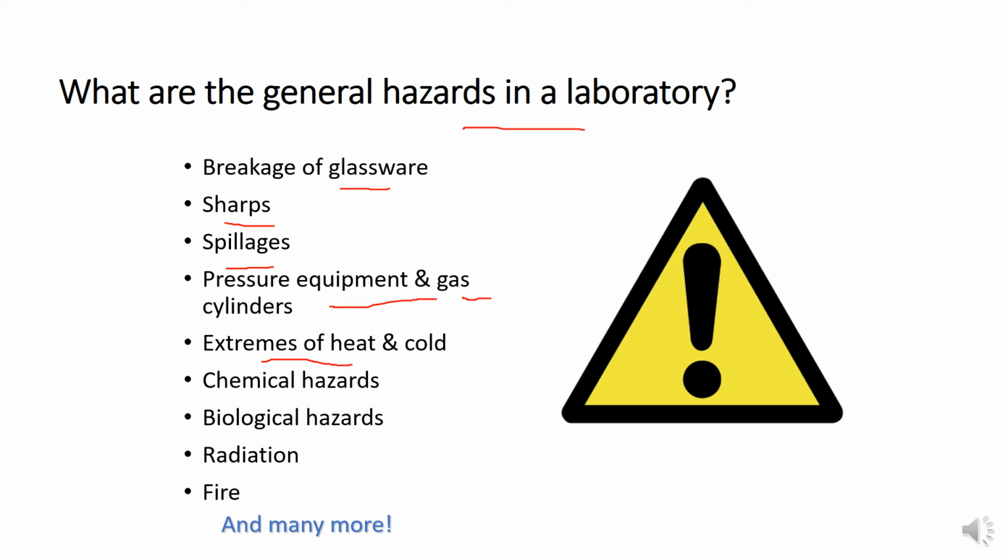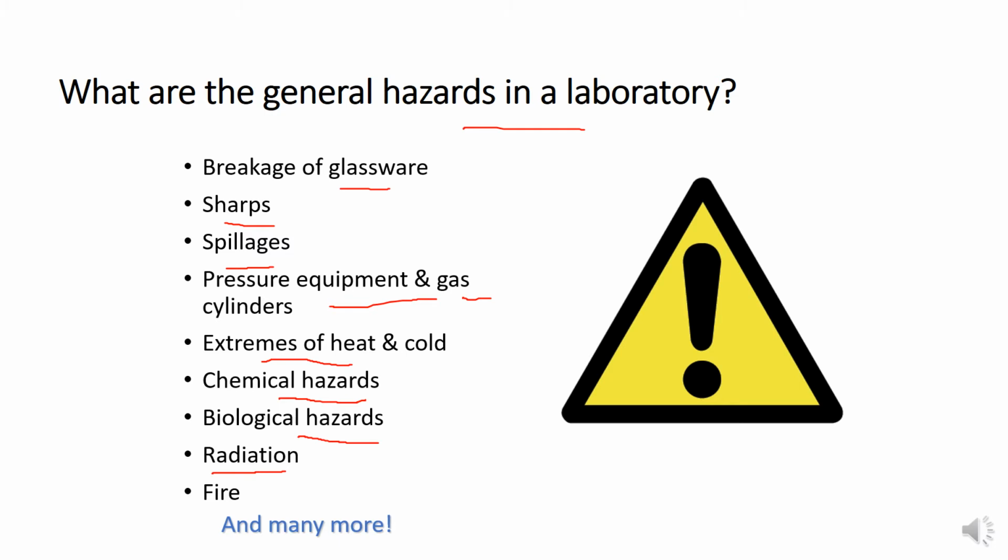Then of course there are chemical hazards, different chemicals. We will cover chemical hazards in the hazardous chemicals lectures. And biological hazards, if you are working in biolabs, whether in agriculture, animal sciences or human sciences. We will cover biohazards in one lecture. And then radiation. The normal radiation we use in most labs is UV light.